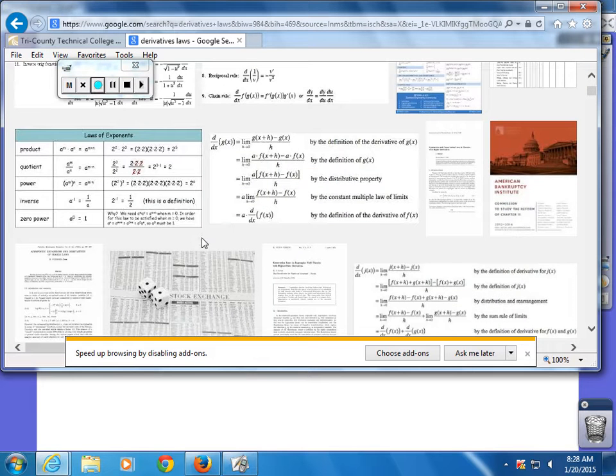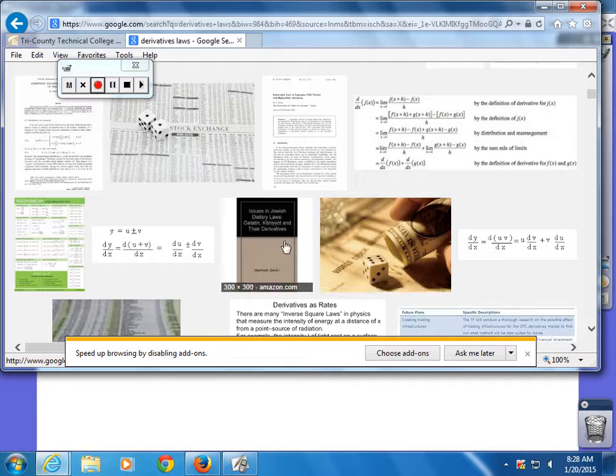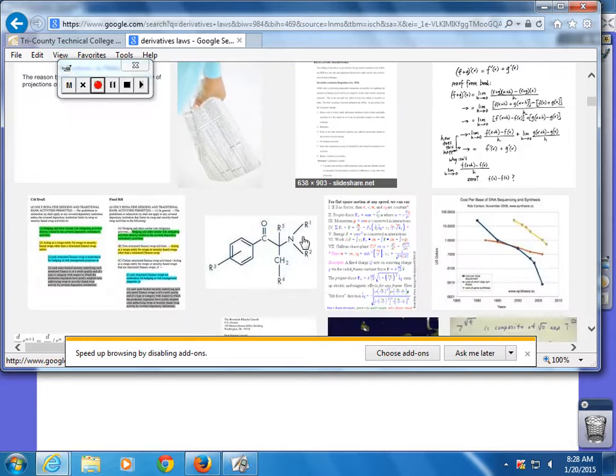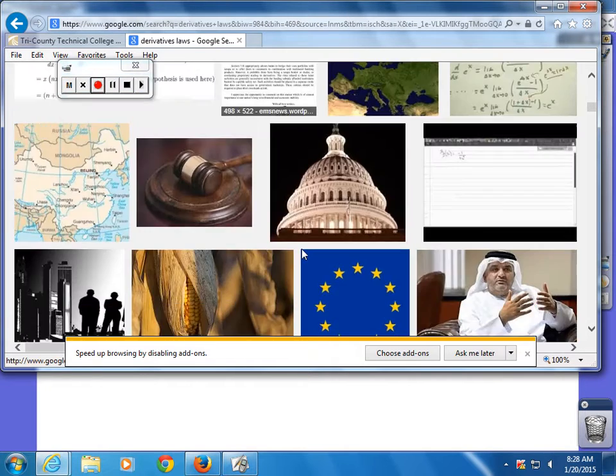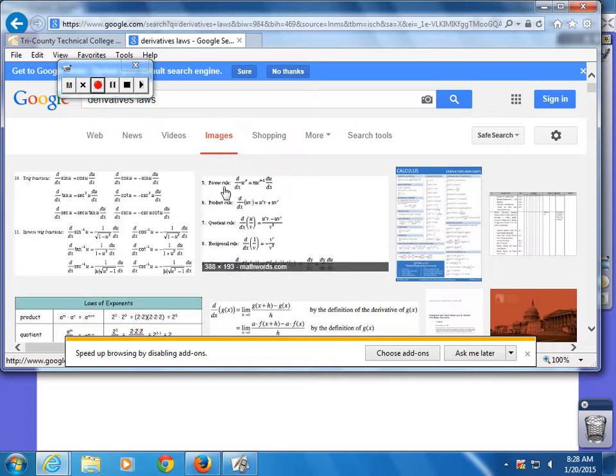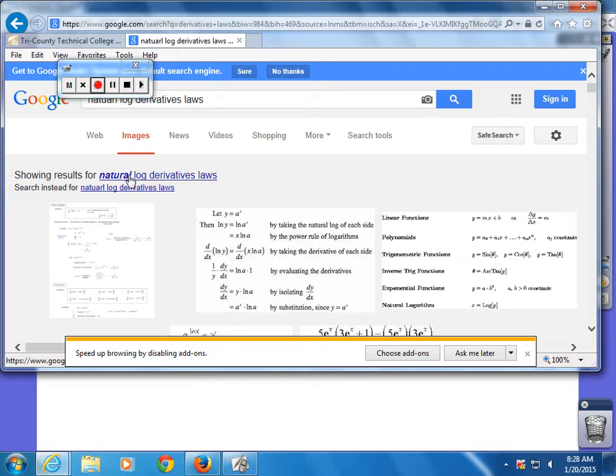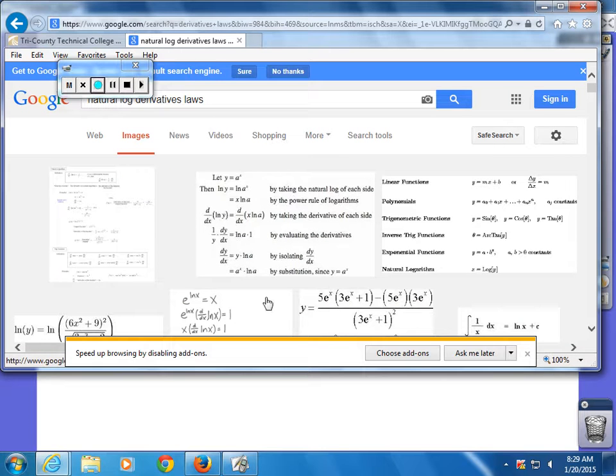If you see it, just throw it out there. I'm looking. Let me just do natural log. Natural log. Right in here.